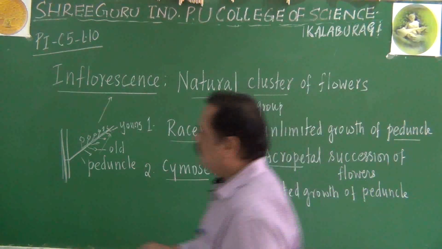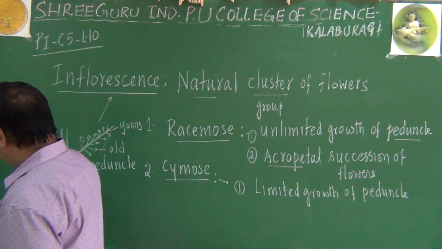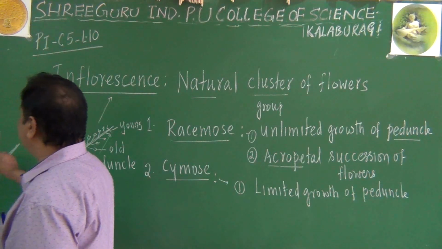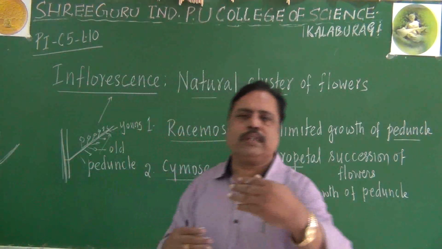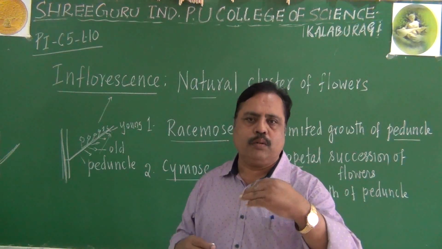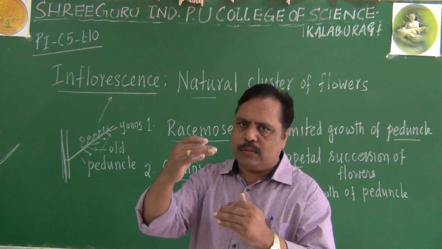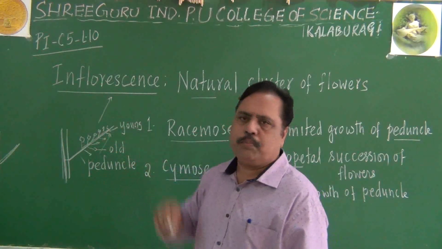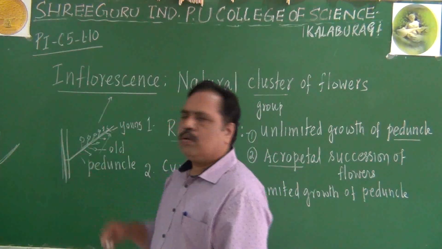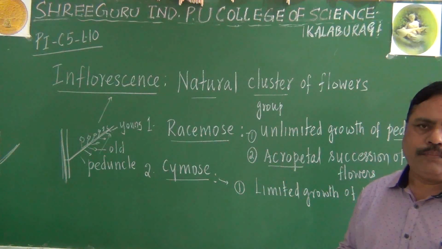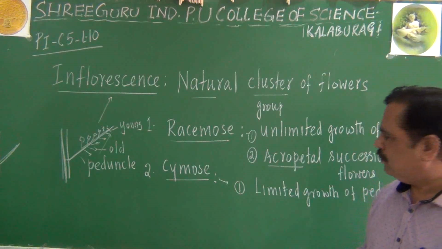That means the stem will be like this and it will produce the peduncle, but the peduncle will not grow further and further after a certain limit. Their growth will be arrested at a particular point. So limited growth of the peduncle is the characteristic feature of cymose inflorescence.